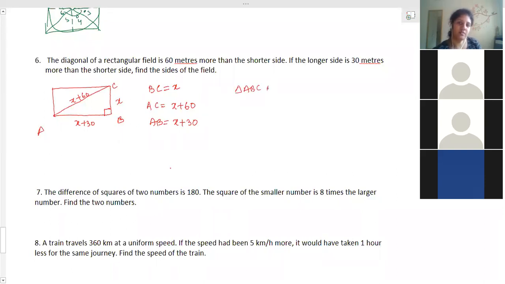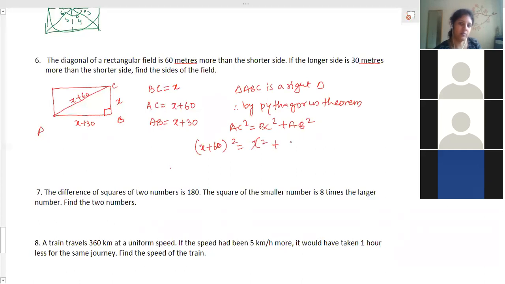Therefore, by Pythagoras theorem, AC square is equal to BC square plus AB square. (x plus 60) whole square is equal to x square plus (x plus 30) whole square. So x square plus 120x plus 3600 is equal to x square plus 60x plus 900.